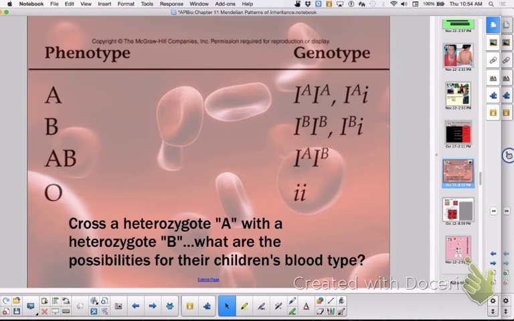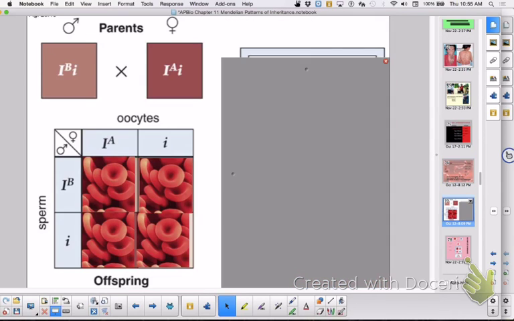Wait, which A? Heterozygote A means that I have this A. Okay, did you set it up something like this?